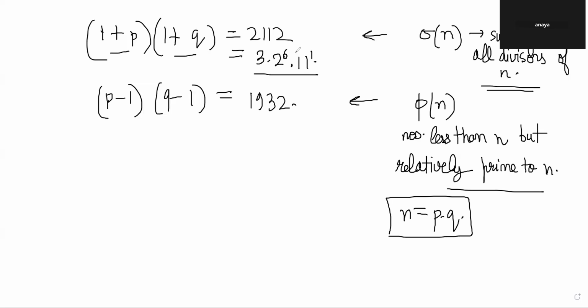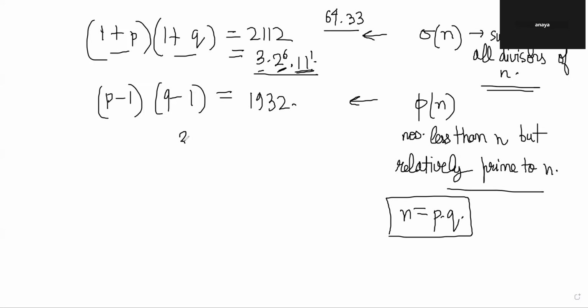So can we think of some good numbers which will fit this? So 64 into 33 is a possibility. You could also get 11 into 4. So why am I not choosing 64 into 33? Because I don't think that will fit the second equation. If 1 plus q is 33, q is 32.